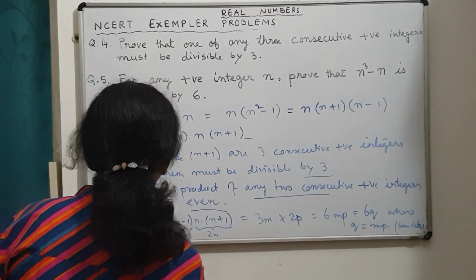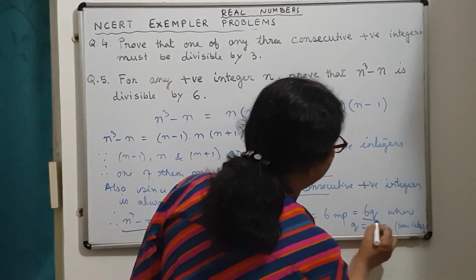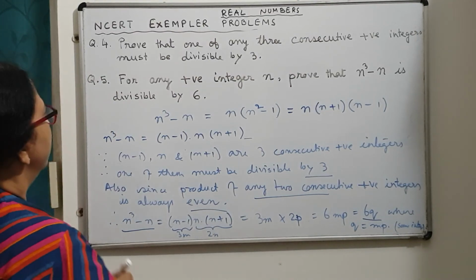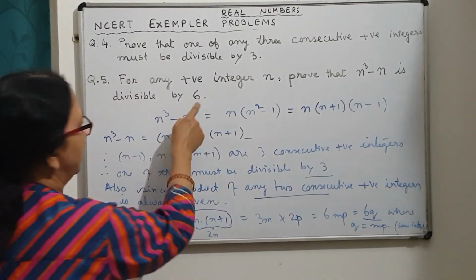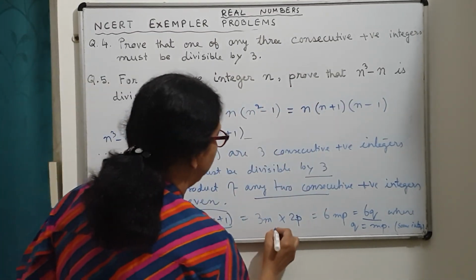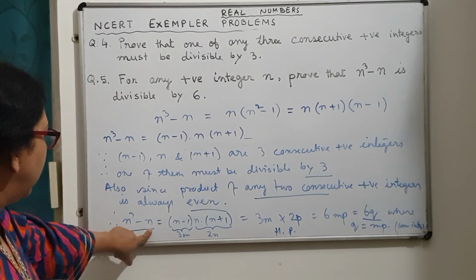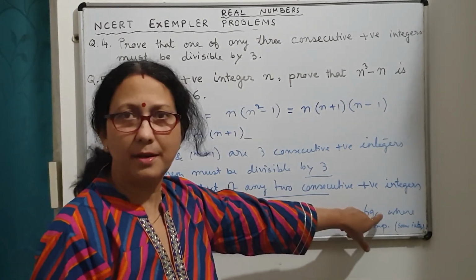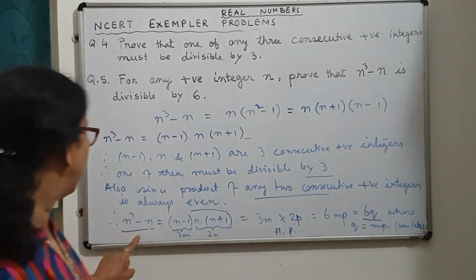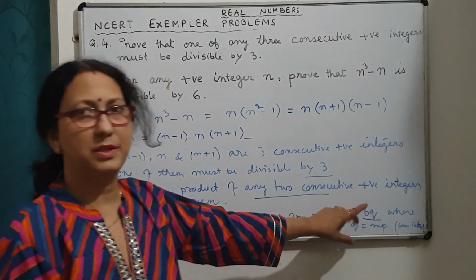So we have proved that n cube minus n is 6q, hence n cube minus n is divisible by 6. Hence proved. That means n cube minus n is 6 times some integer, so it is divisible by 6.